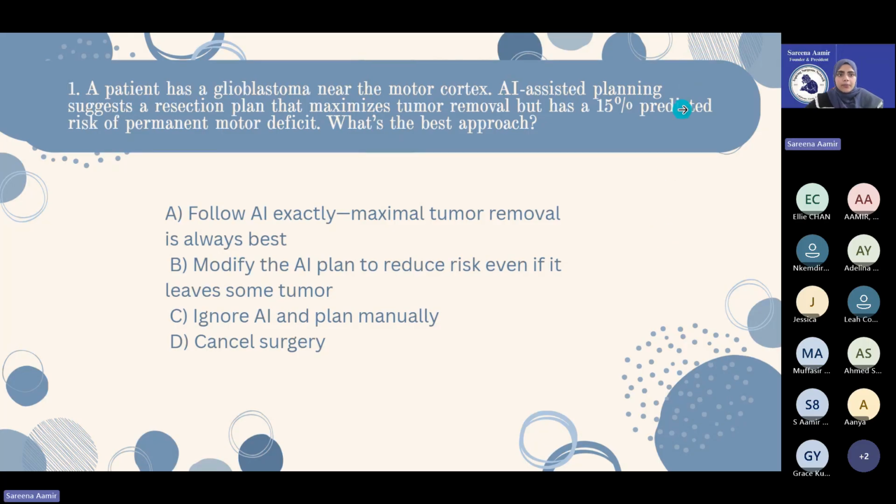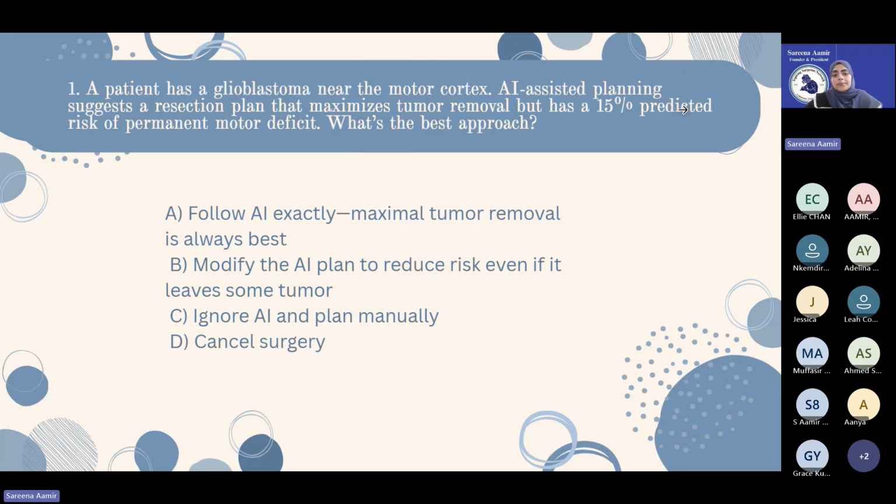Okay, question one. A patient has glioblastoma, which is basically a brain tumor, near the motor cortex, part of the brain. AI-assisted planning suggests a resection plan that minimizes tumor removal, but has a 15% predicted risk of permanent motor deficit. What is the best approach? A, follow the AI plan exactly, so maximal tumor removal is always the best, just removing all of the tumor.